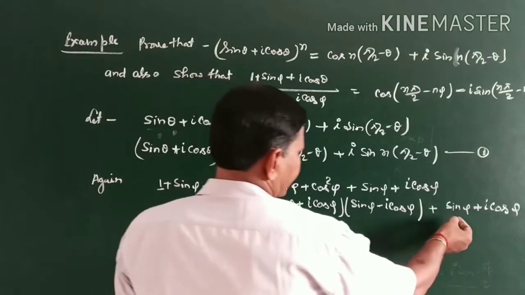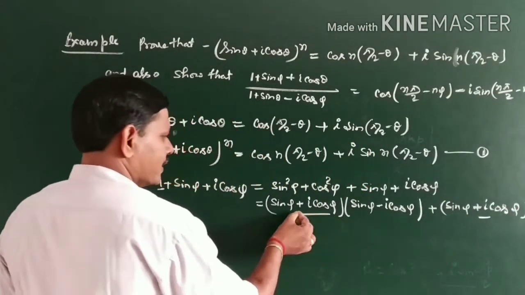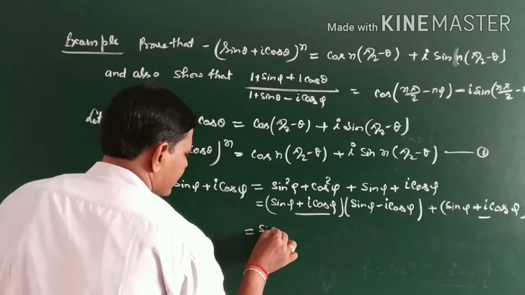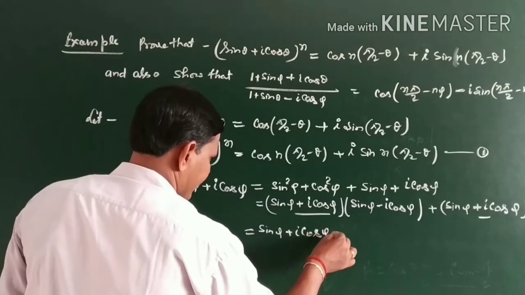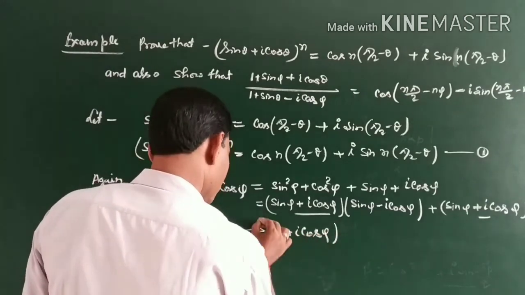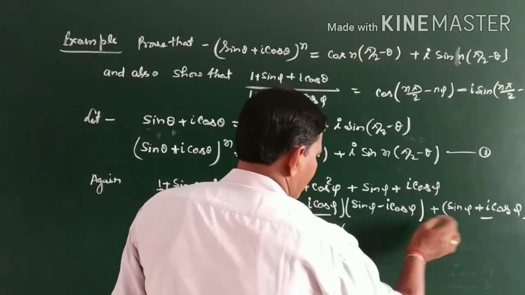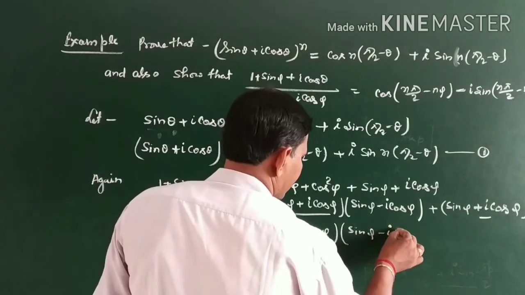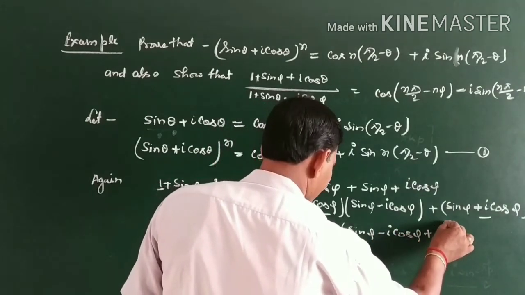Now we see that this term and this term are common, then (sine phi plus I cos phi) within bracket (sine phi minus I cos phi plus 1).